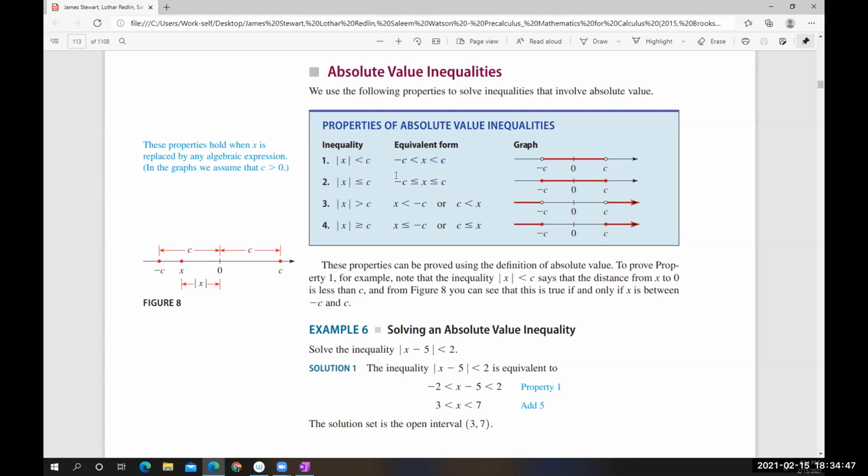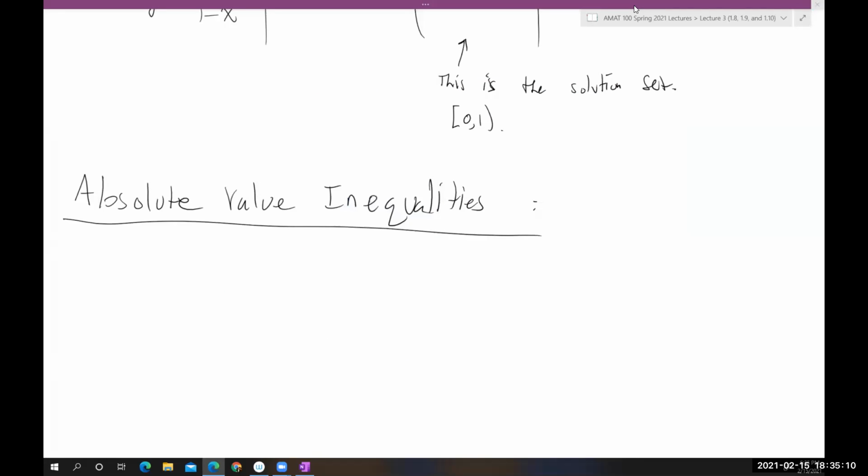Then the absolute value of x less than or equal to c corresponds to this. This is just what that inequality means, and this is a plot. And then absolute value of x is greater than c is equivalent to these two pairs of inequalities, and the same thing for the fourth. And these are the plots of them. I won't write that down, but that's in the book. You can look at that.